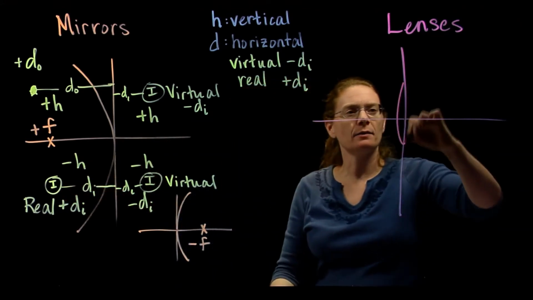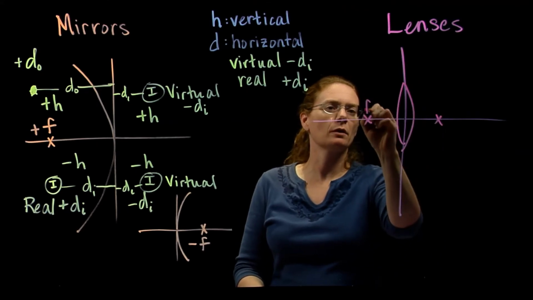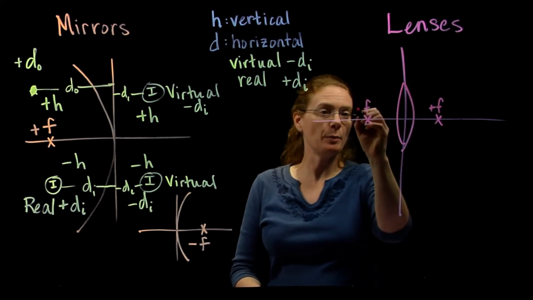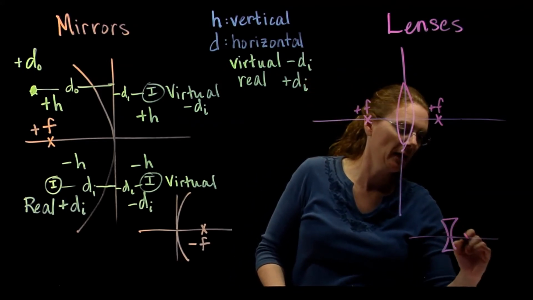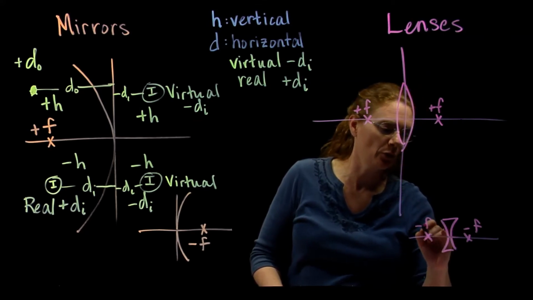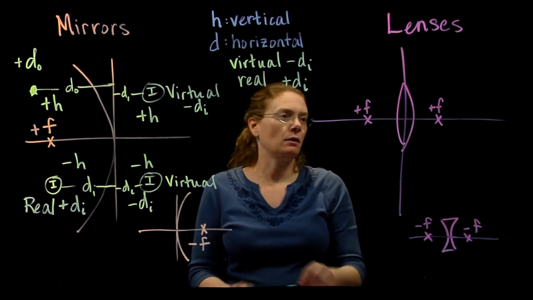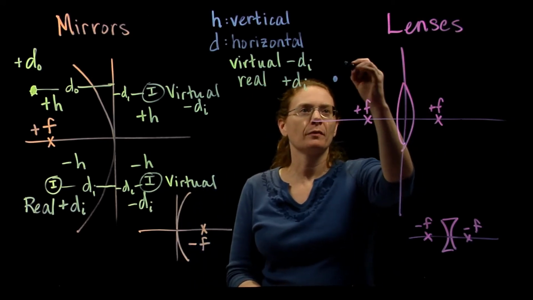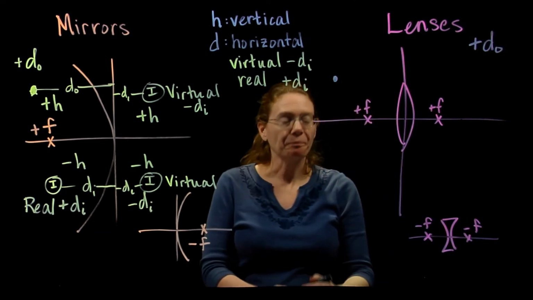For lenses, so if we have a converging lens, we have focal here, and those would be positive. For a diverging lens, we have focals that are negative because they're actually virtual focals. And let's say we've got an object out here again. We always have a positive DO, always, always, always.